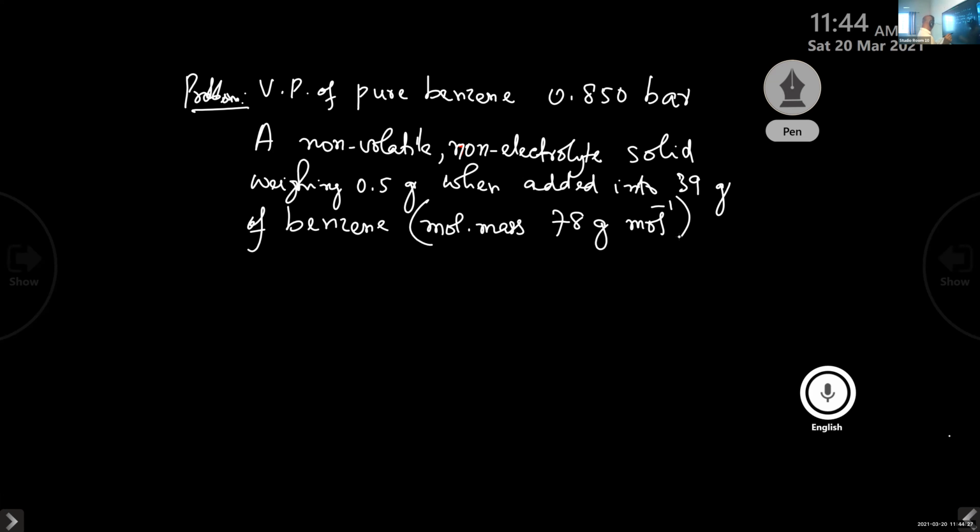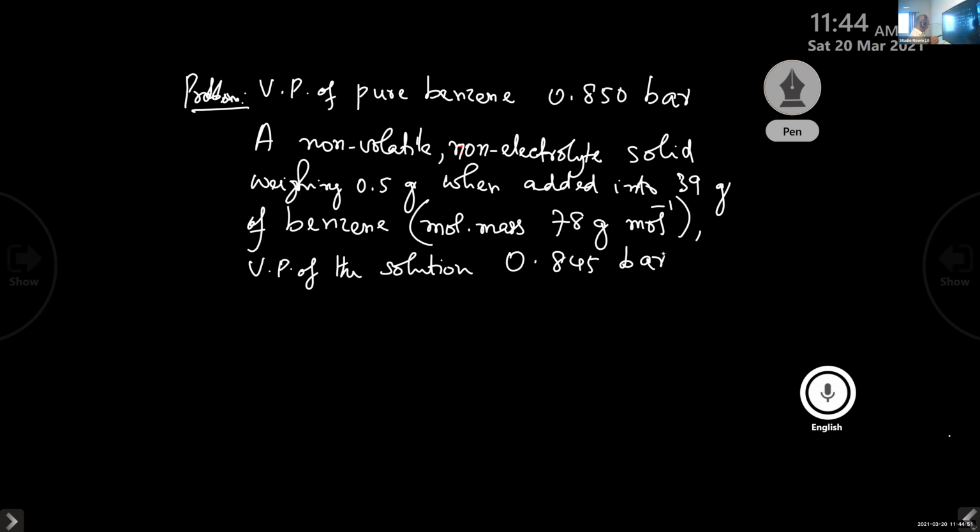Vapor pressure of the solution is 0.845 bar.